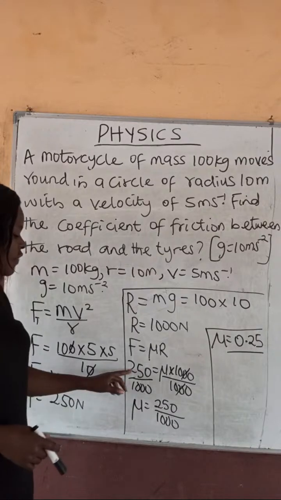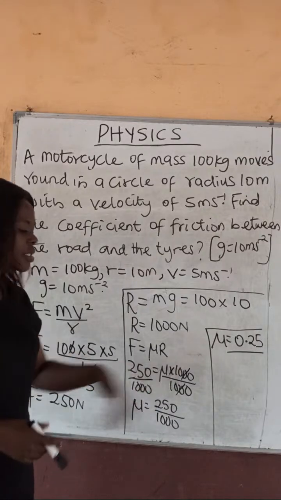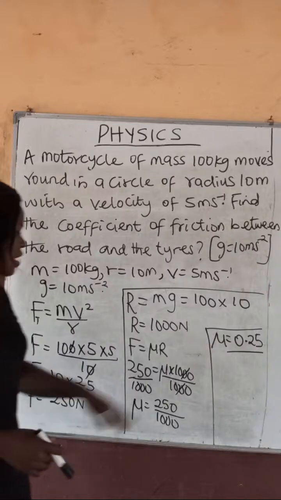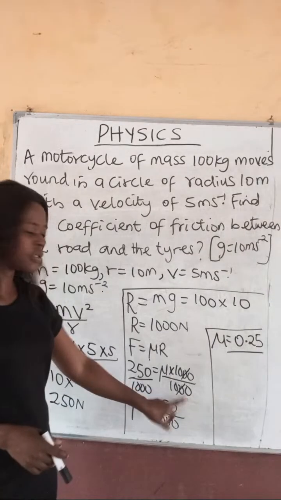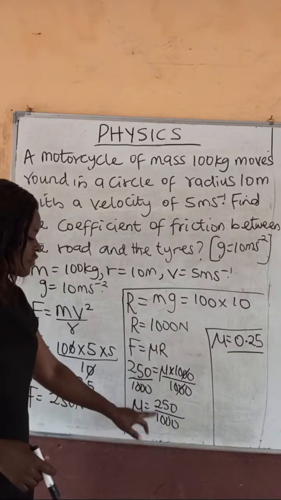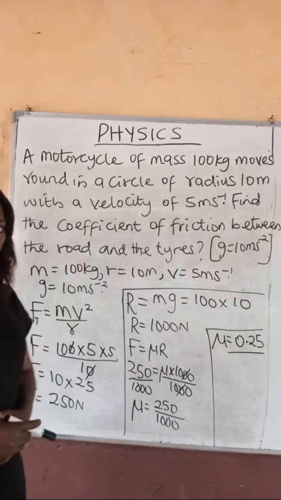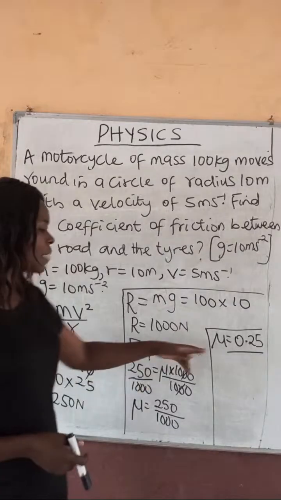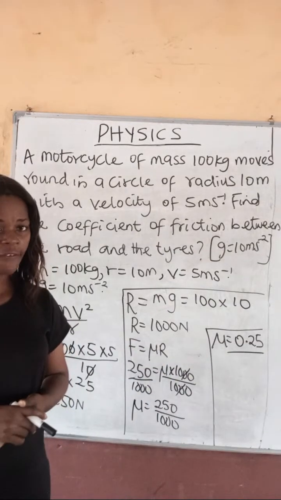My force is 250, is equal to mu times 1000, right? Divide both sides by 1000. So we cancel, and mu is equal to 250 over 1000. By the time you divide, your answer becomes 0.25.